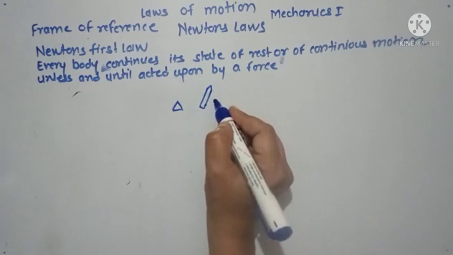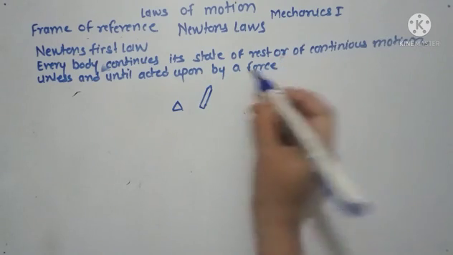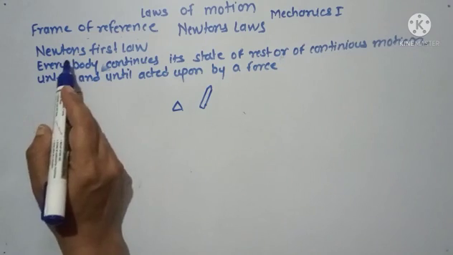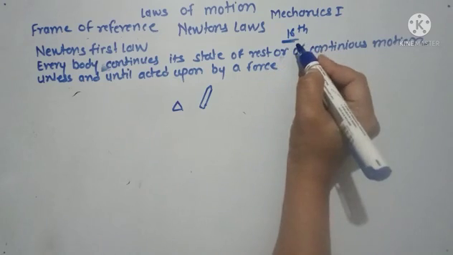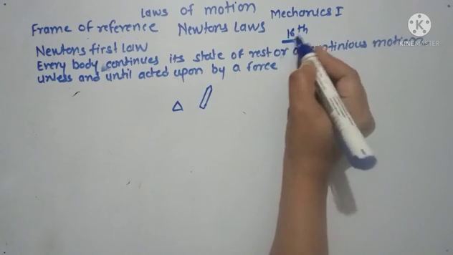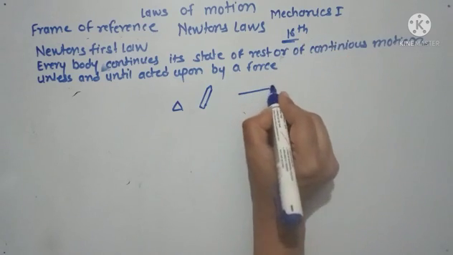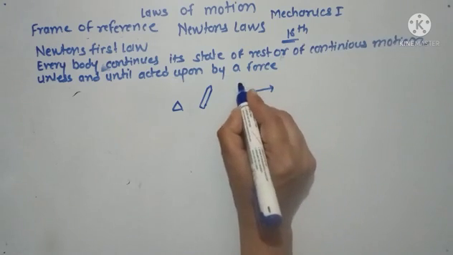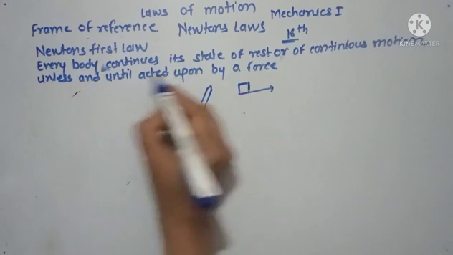This is very common sense, but it was first framed by Newton in the 16th century, which was a great thing: to understand the relation between the motion of a particle and the force acting upon it, to realize that and to write it in the form of statements.